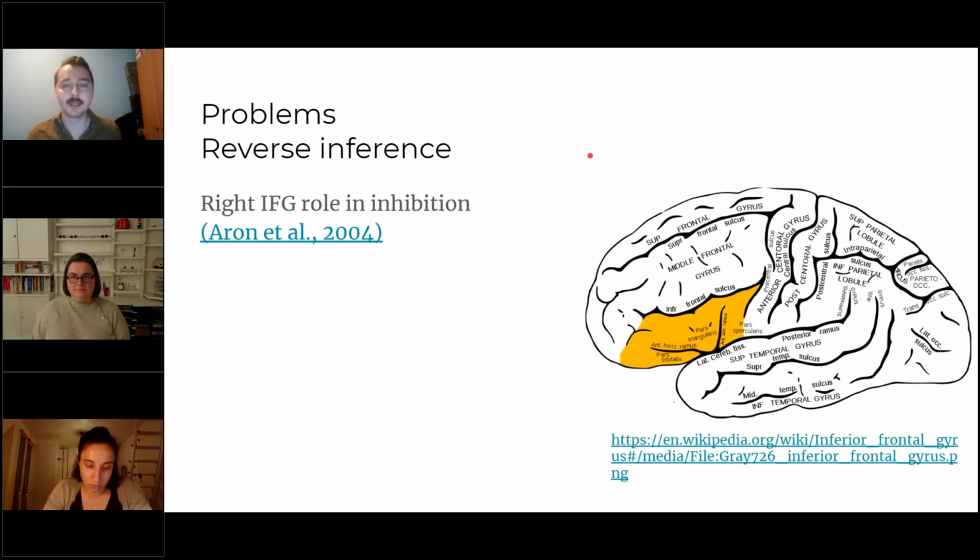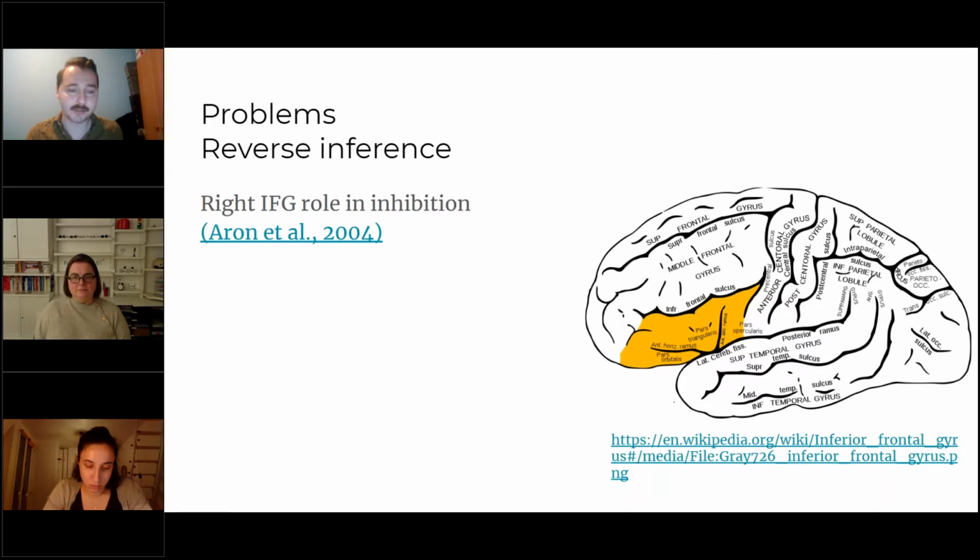And this might seem reasonable, but of course the problem here is that we're not at the point where we can really reliably tell which brain area is associated with which exact cognitive function.